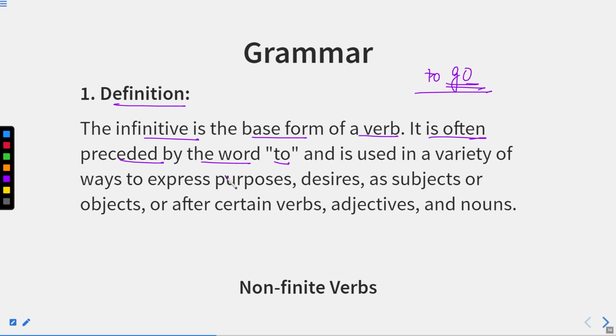So this is called an infinitive, and it is used in a variety of ways to express purposes, desires, subjects, objects, or after certain verbs, adjectives and nouns. Now, whenever there is a requirement to show purpose or desire, we basically use infinitives.